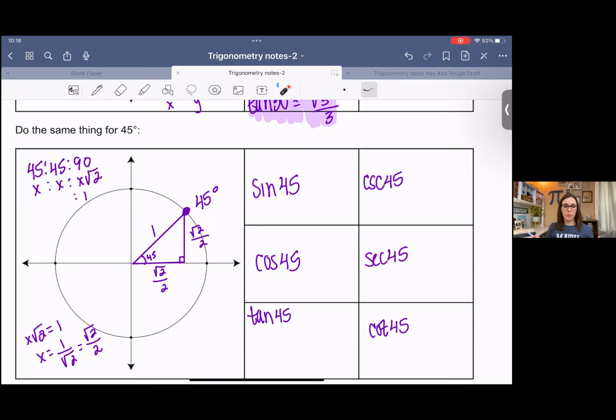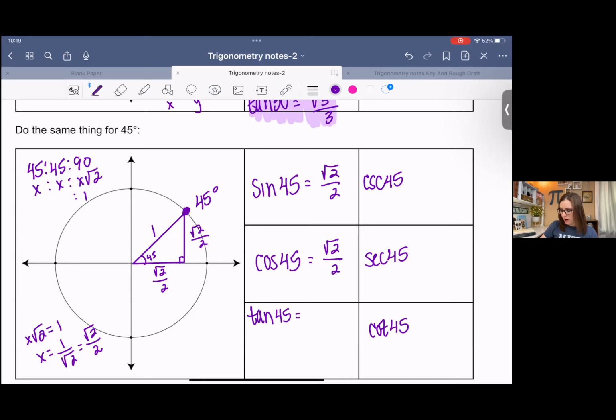And now I can go about my trig functions. Sine of 45 is the y coordinate for the opposite side. Same thing. Root 2 over 2.